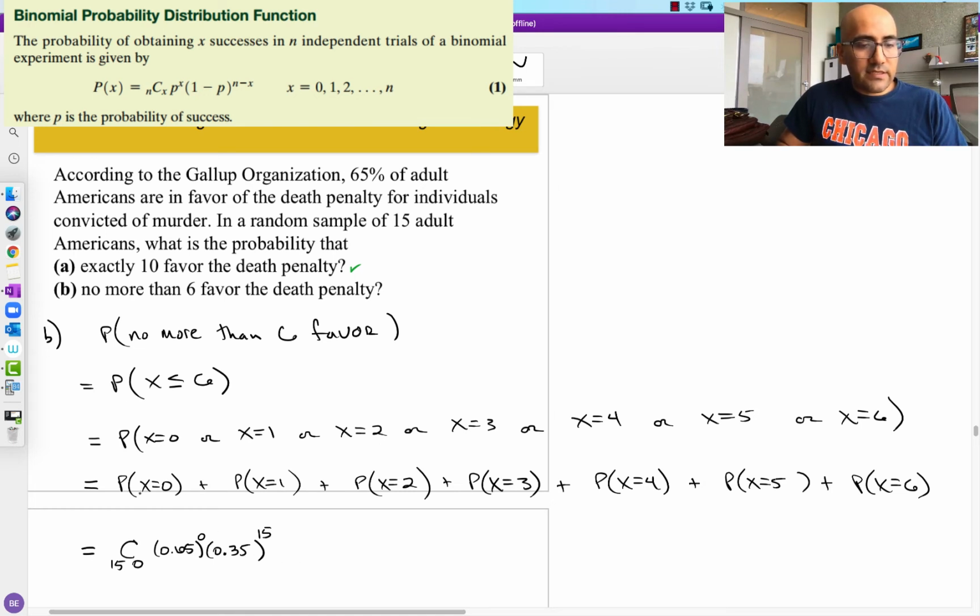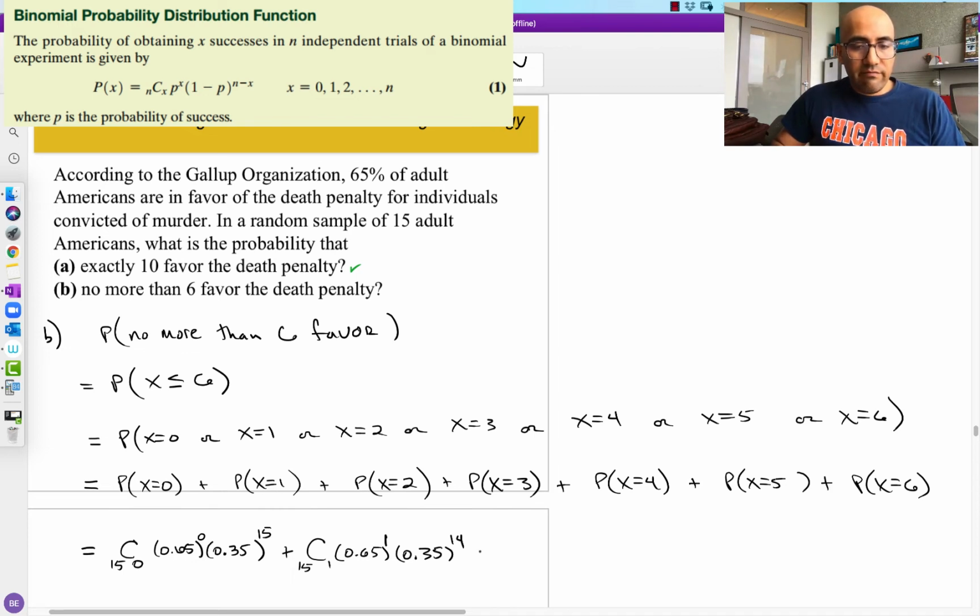And that takes care of this guy. Plus, now this one, combinations of 15 choose 1, times 0.65 to the power of 1. Now we have 1 success out of the 15, times 0.35 to the power of 14. 14 failures, 1 success. That takes care of this one.